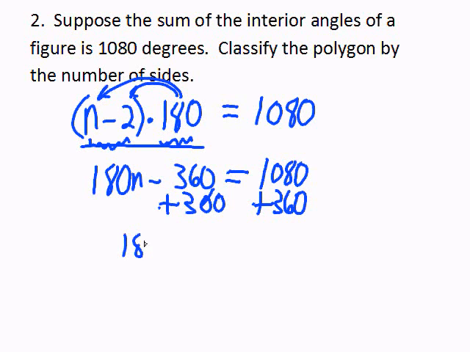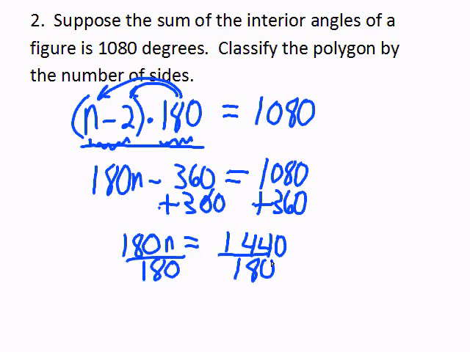We get 180n is equal to 1440. Divide both sides by 180, and you'll get your final answer of 8. So you find out n is equal to 8.